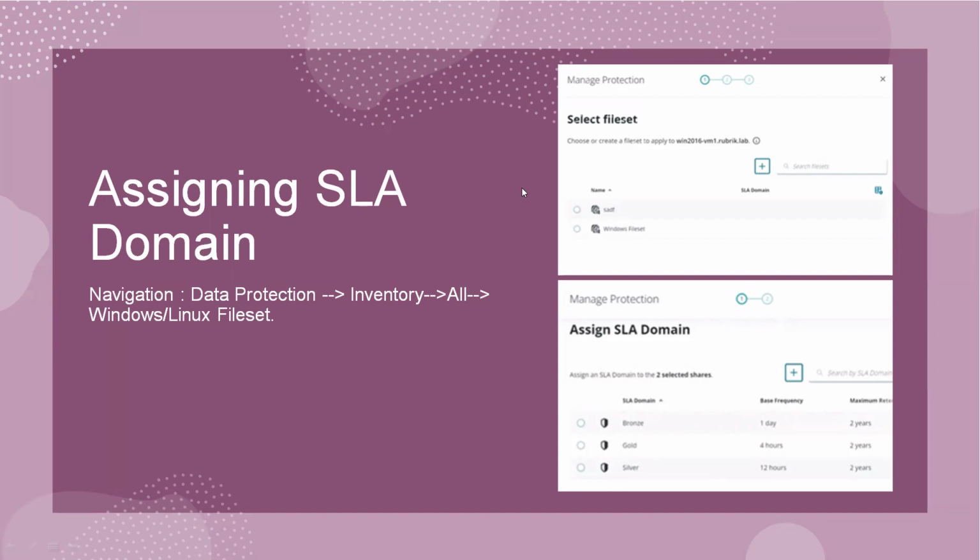Select that Windows host and click on Manage Protection, which we can see on the right top of the window. There we will get an option to select the fileset which we created in the previous step.